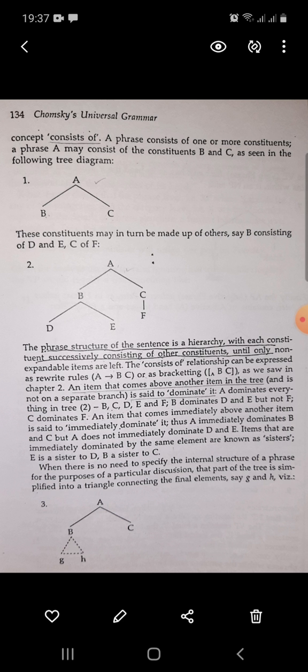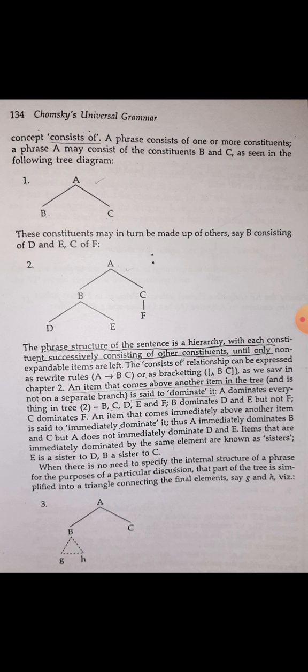So for example, when there is no need to specify the internal structure of a phrase for the purposes of a particular discussion, that part of the tree is simplified into a triangle connecting the final elements, say G and H. We will be concerned with the structure of A, that A consists of B and C. B and C are the sister constituents of A. Though B also further constitutes two other items, G and H, we are not concerned with that.